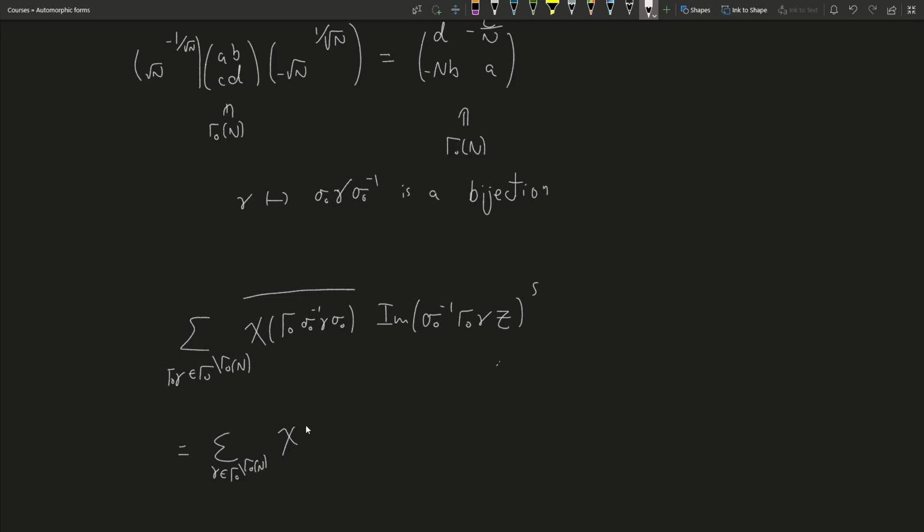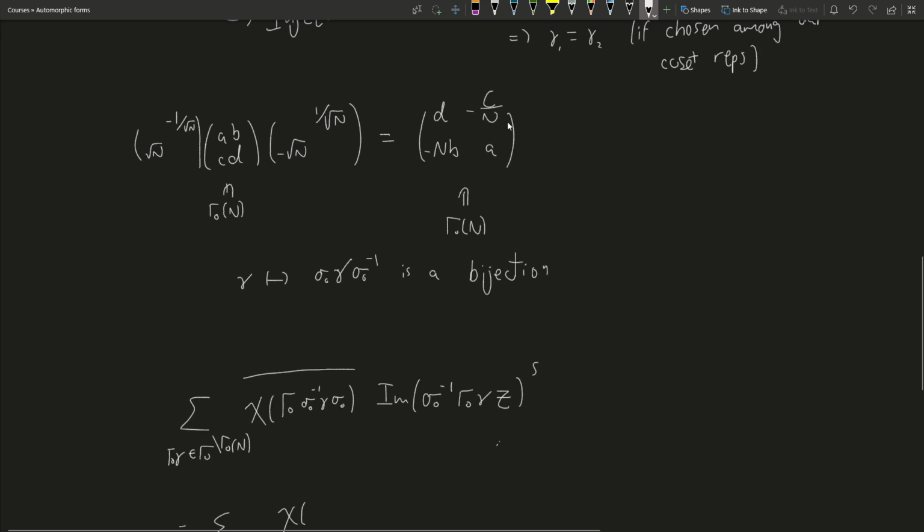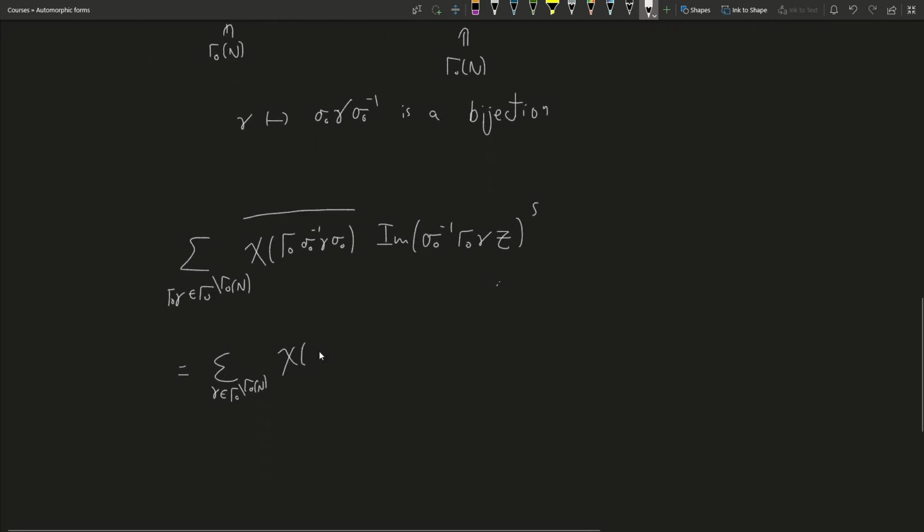And then here, if we look at the matrix of gamma conjugated by these, it's the same as this calculation, because you just have a -1 in front of this and a -1 in front of this, and of course you can just bring those out, and so you have identity squared, which is identity. So you get the same thing, and the bottom right entry here is A. So you have chi bar of A here, the imaginary part of sigma naught inverse gamma z to the s.